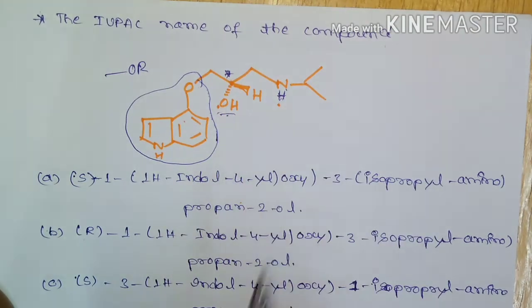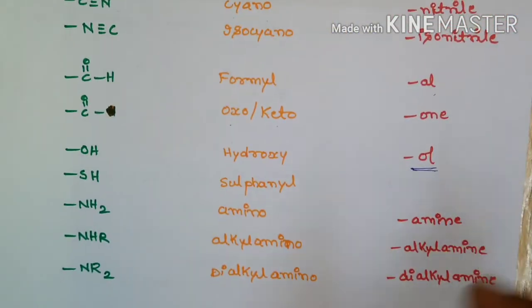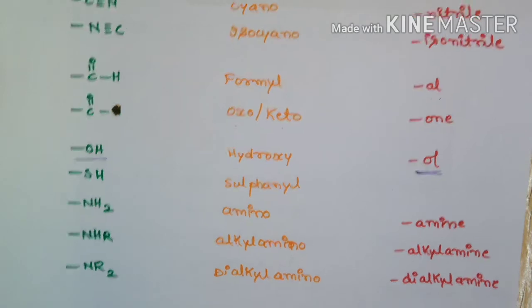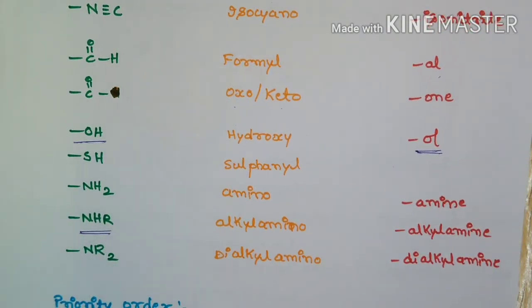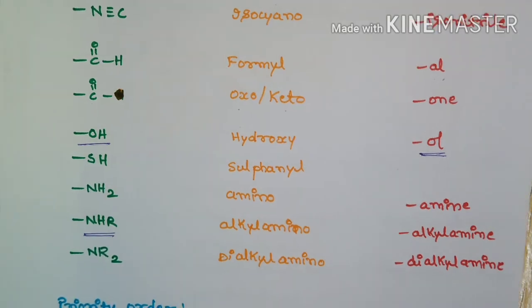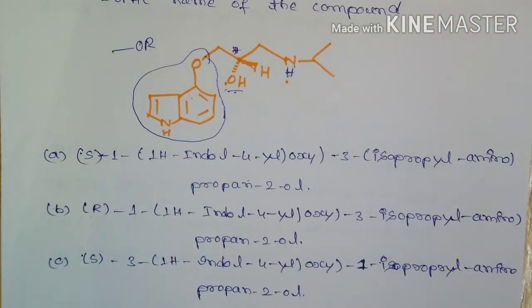Now between these two, which one will be considered as the functional group? We need to go with the functional group priority table. Hydroxy will come first in priority, then the alkyl amino group. So the OH group will be the functional group, and NHR will be considered as one more substituent.